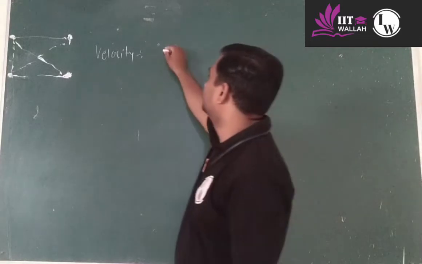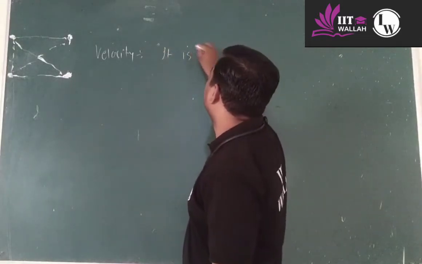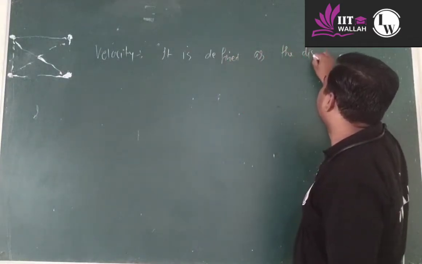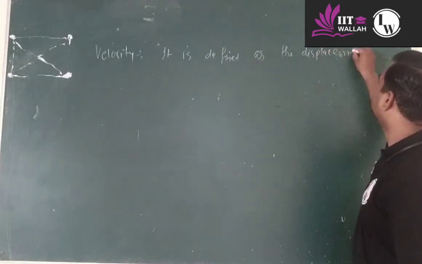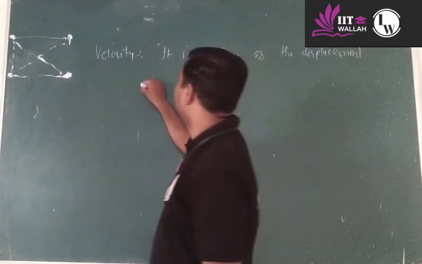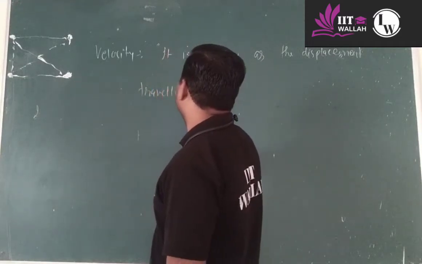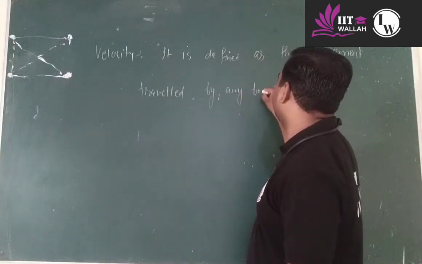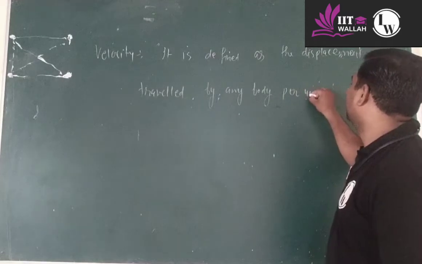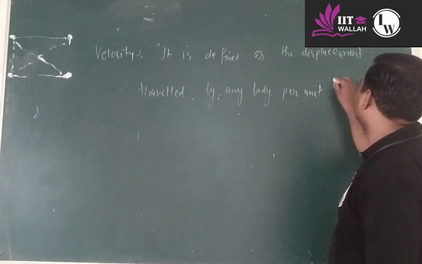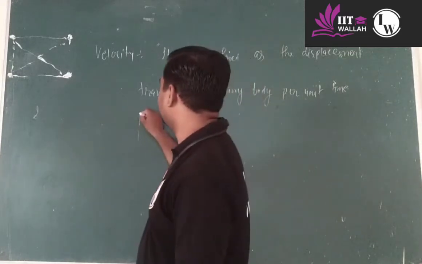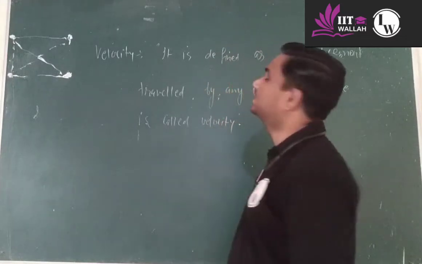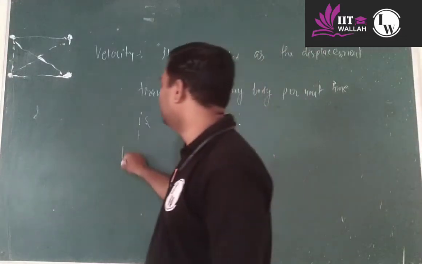It is defined as the displacement traveled by any body per unit time is called what? Velocity.